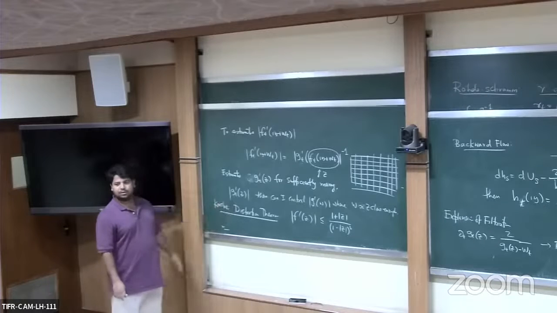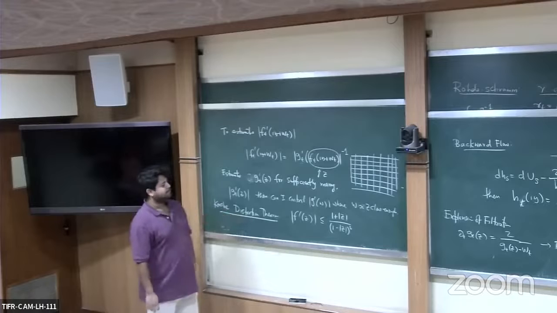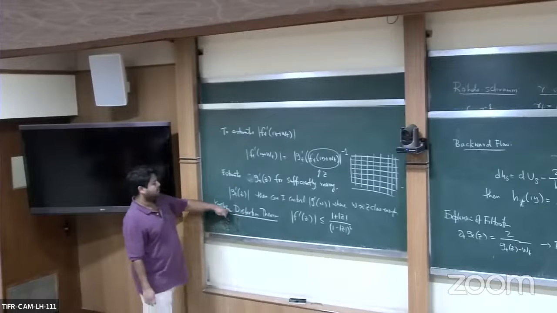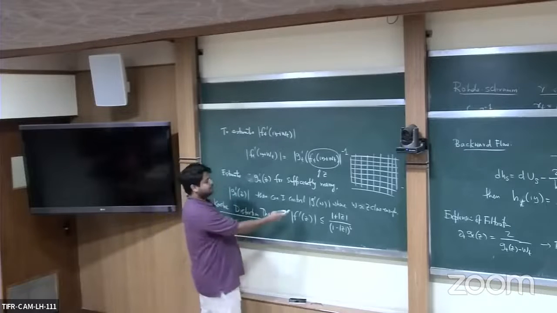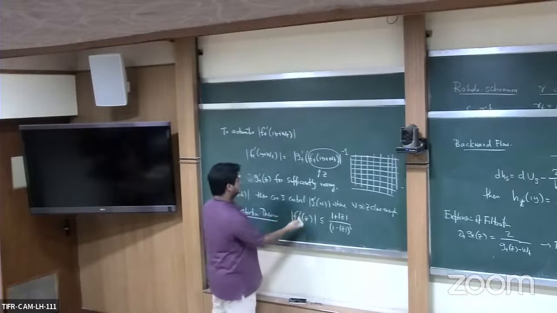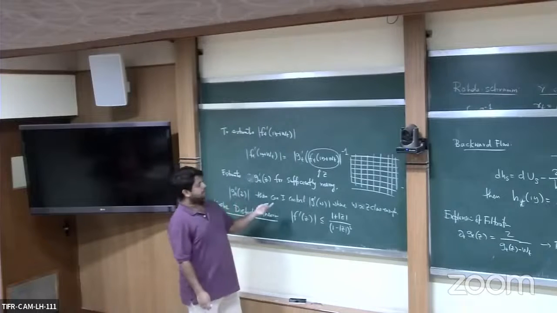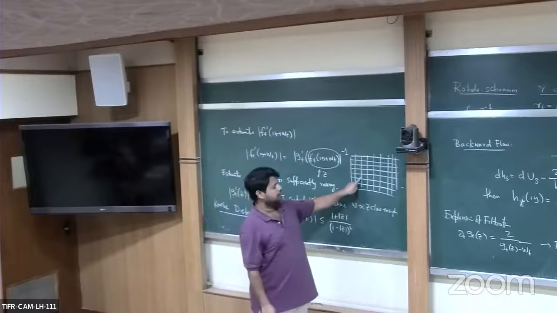Just Google Koebe distortion theorem. This theorem allows us to control g prime at any point from the information about g prime on these points of the grid.